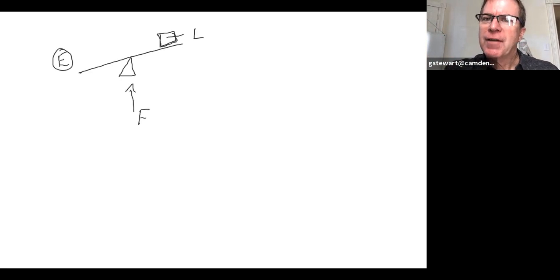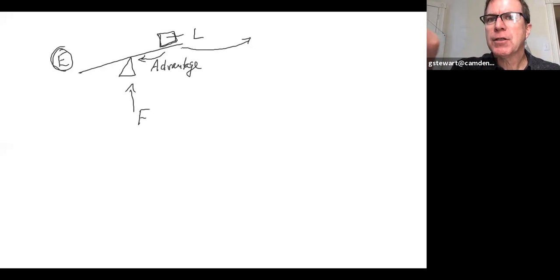What mechanical advantage and disadvantage refer to is the closer we put the load to the fulcrum, the more advantageous that is, the easier it is to move. But the opposite is also true. So this would be a mechanical advantage if we move the load further away from the fulcrum so that the effort is closer to the fulcrum than the load. If we put the load all the way out here, that becomes disadvantage and very difficult to move the further away you move it.